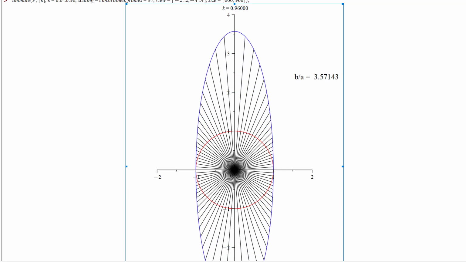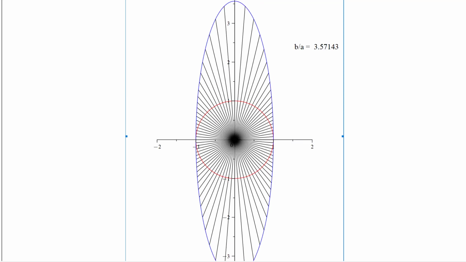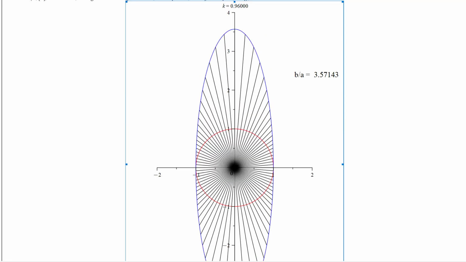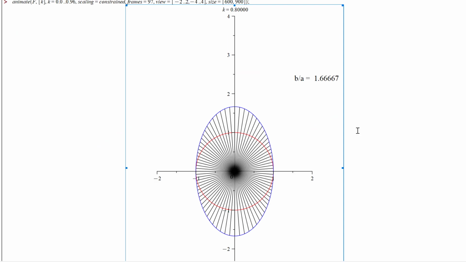So I only went up to k equals 0.96, but it's a pretty stretched ellipse. So r over a looks like that. So I'm going to go back to k equals 0.8 and look at the r over a.